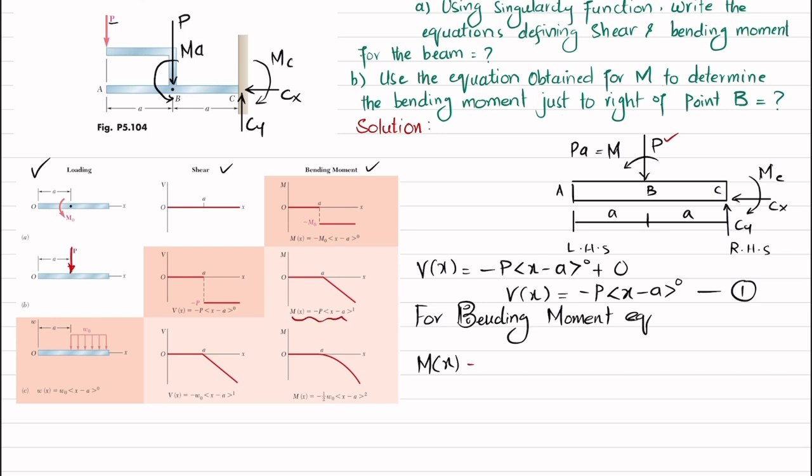So I will write minus P into x minus A power 1, because this P is acting at a distance of A from point A. And we have a moment as well which is PA. So due to the moment, the equation will be this one. I will write minus, this M naught replaced with PA, so PA into x minus A power 0. And this will be our equation number 2.